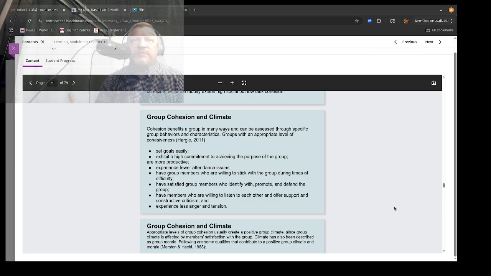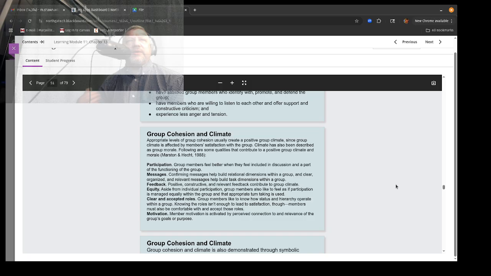Group members are willing to stick together with a group during times of difficulty. They have satisfied group members who identify with the group, promote the group, and defend the group, and members who are willing to listen to each other and offer support and/or constructive criticism, as well as experience less anger and tension throughout the group.